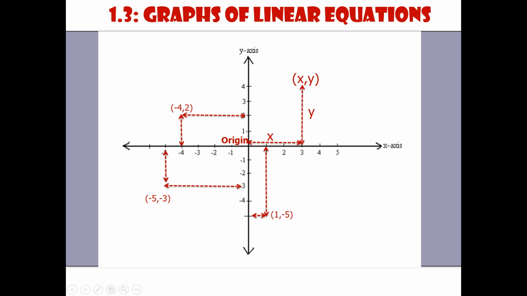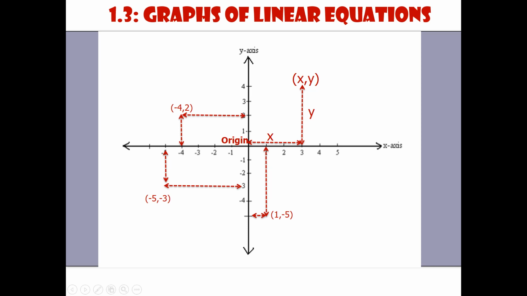They are separated by a comma and written inside brackets like this. The left side number, -4, is called the x coordinate of the point. The right side number is called the y coordinate of the point. So each point has two coordinates, x and y.